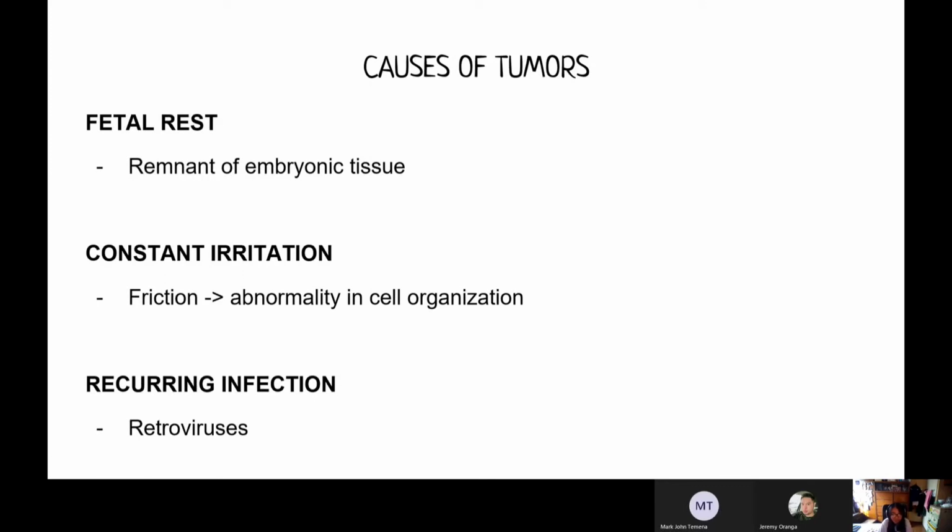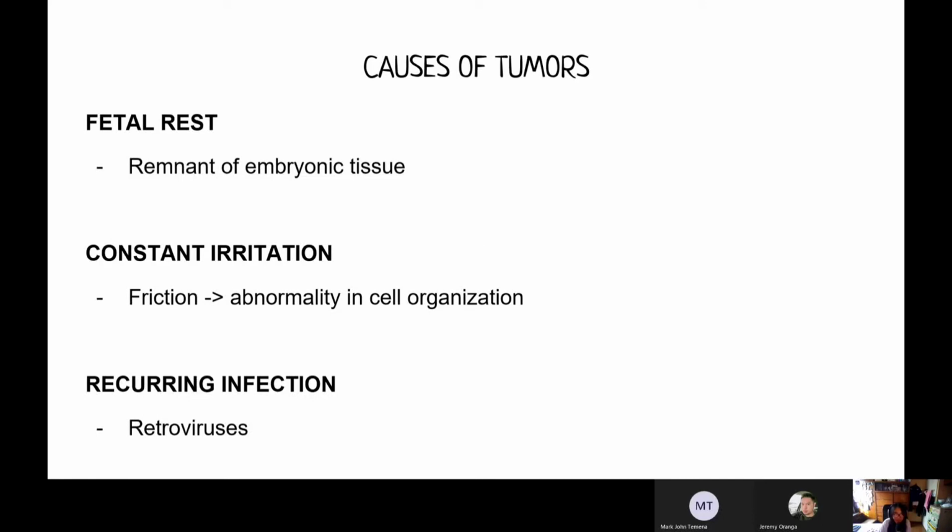So next we have constant irritation. Constant irritation from friction will lead to abnormality in cell organization. Due to friction, there is a formation of a new cell type with high mitotic activity that leads to the abnormality of cell organization of the tissue. So this leads to dysplasia, neoplasia, as well as hyperplasia.